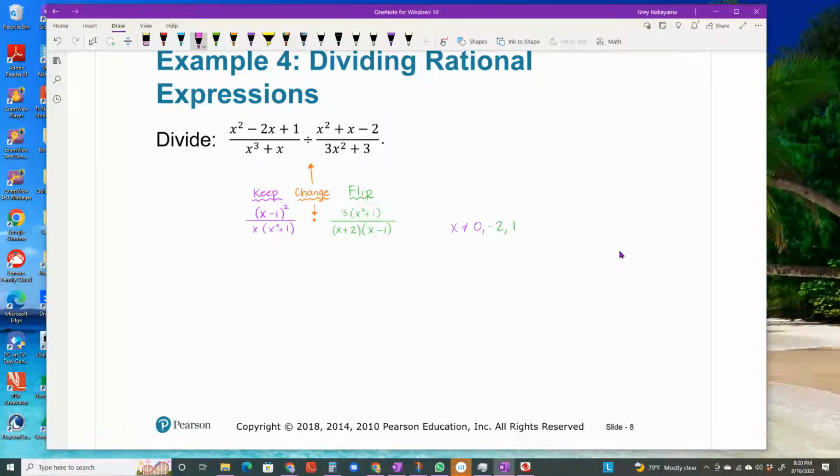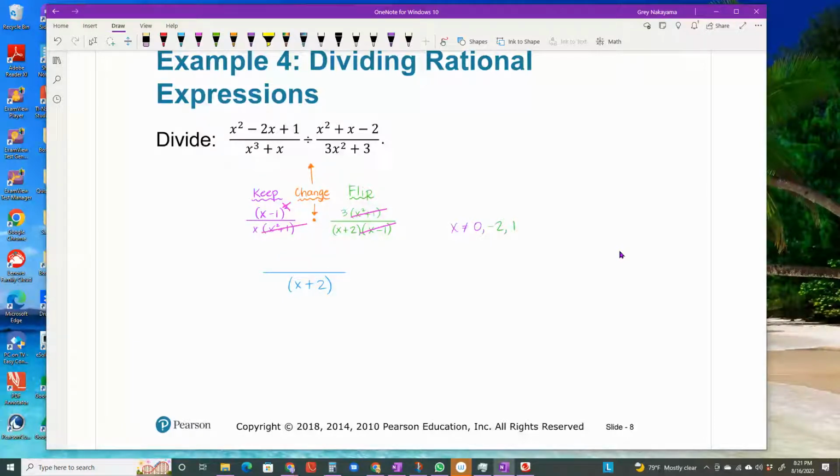Find anything that's the same on the top and the bottom. I got an x squared plus 1 and an x squared plus 1. I have an x minus 1 on the bottom, and I have 2 of them over here. So what am I left with? Let's go with what's on the bottom. I got x plus 2. Oh, I know what I was supposed to do. There's my fraction bar.